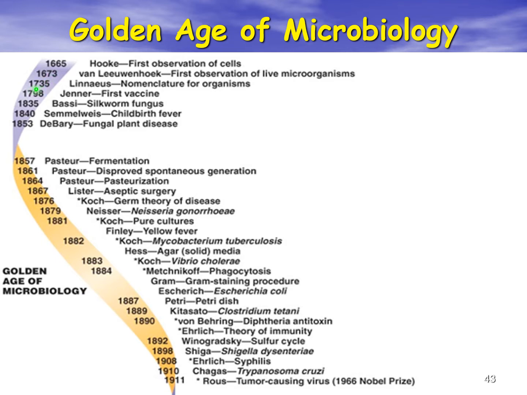Almost 50 years later, in 1735, Linnaeus was the first one that began taxonomy. And basically, he put all living organisms into two main categories, the kingdoms Animalia and Plantae. In 1798, Edward Jenner was the first one to do a true vaccine, and we'll talk about him later on.